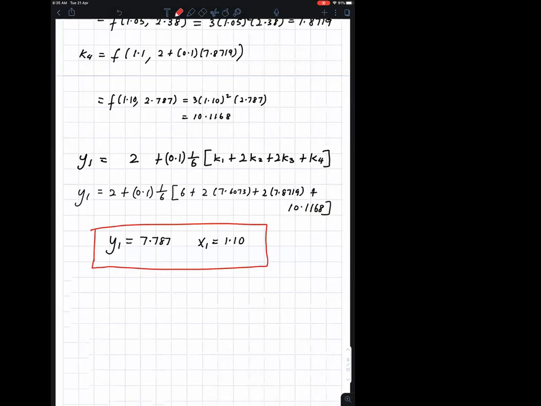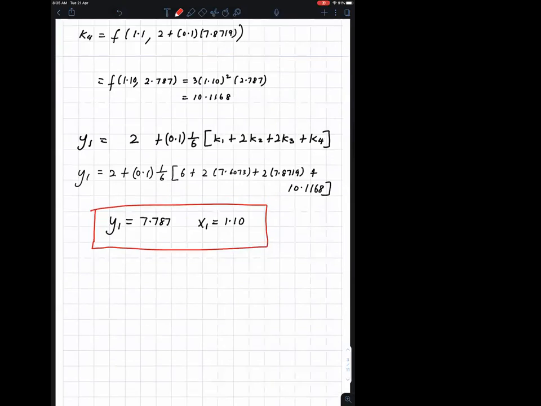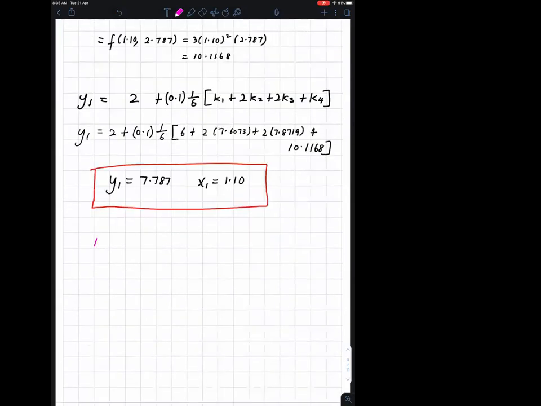If you want to find y2, repeat the process to find y2.